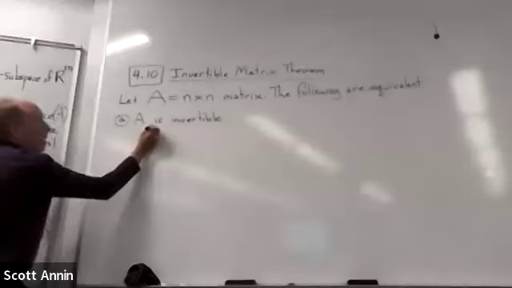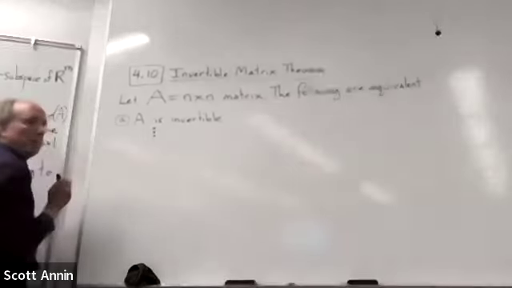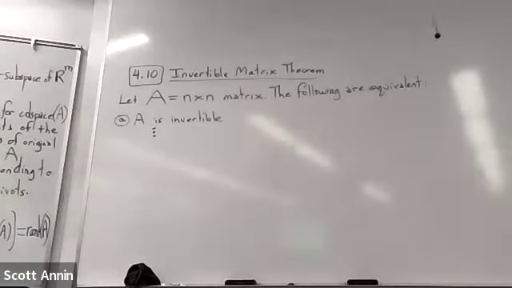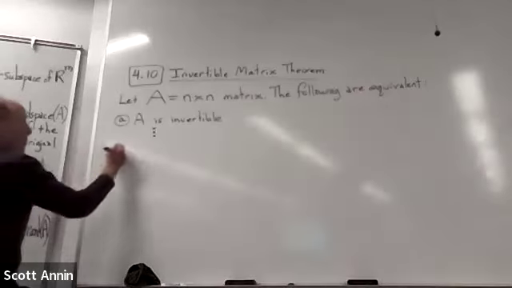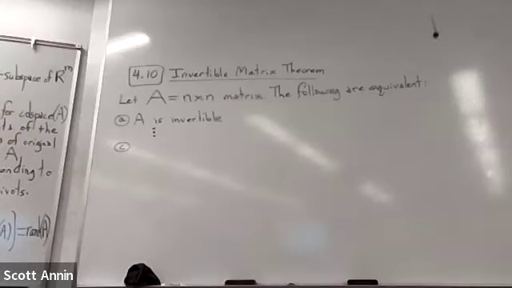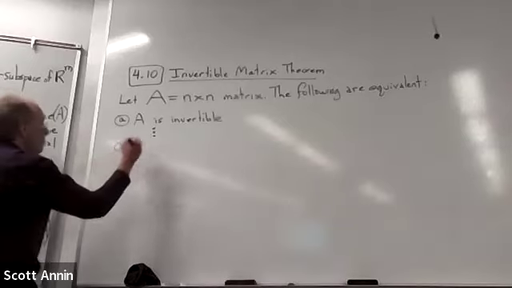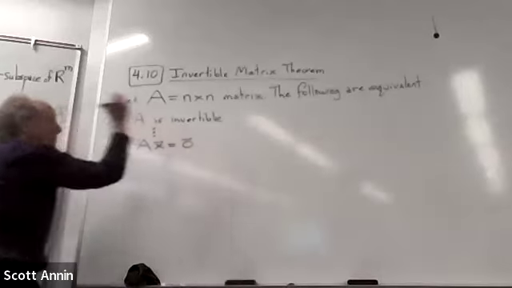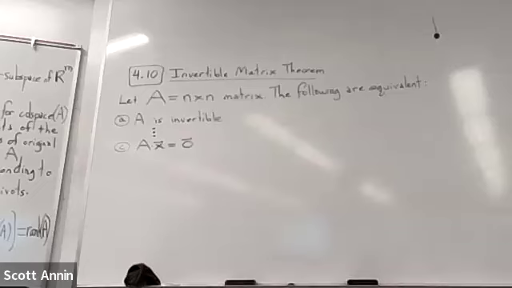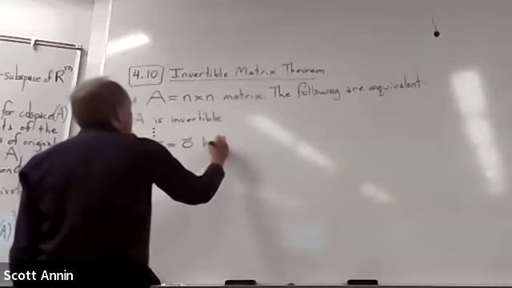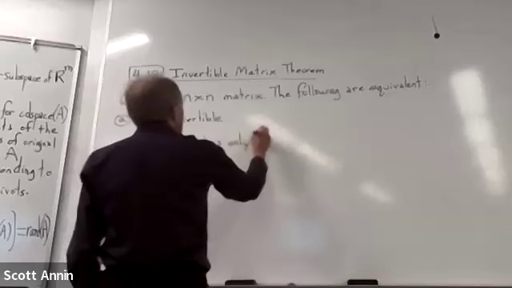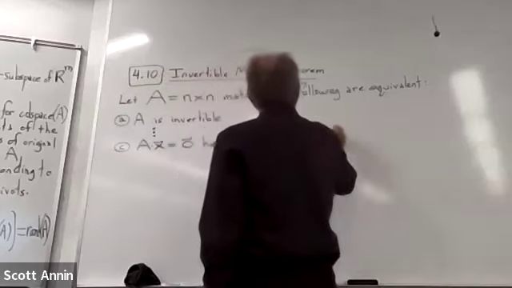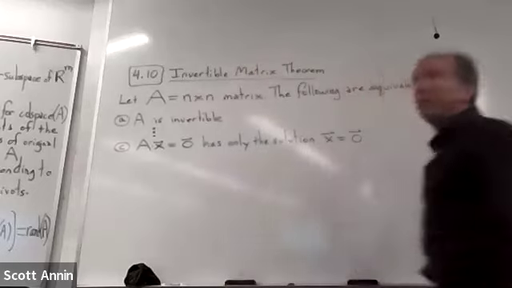Now, I'm not going to write down all of the things in the list that we've already done, but I'm going to write down a couple of them because they're going to be relevant for what I'm about to do with this list. I'm going to jump to C real quick. I'll skip over B. What C said is that if you look at the system AX equals 0, that has only the solution x equals 0.